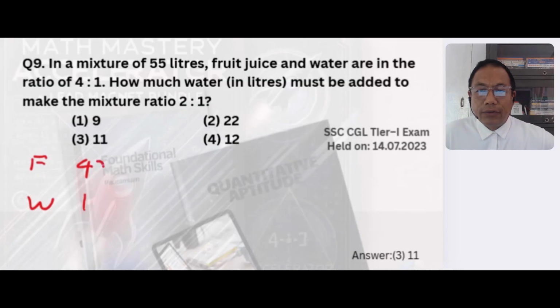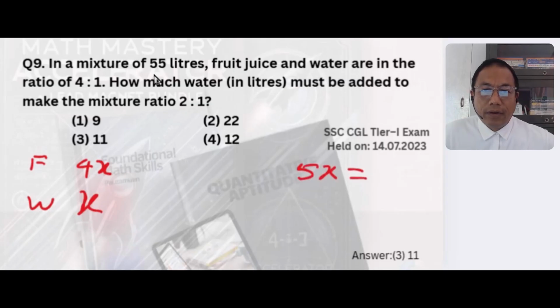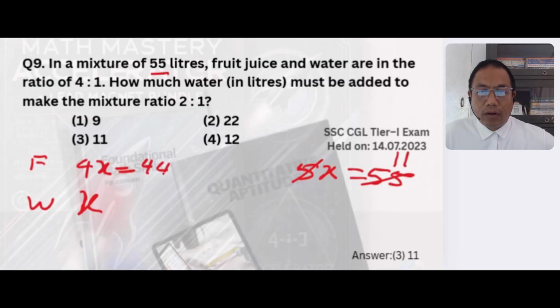I'll take fruit juice 4x. X into 1 is x. Water is x. The sum is 5x. Total is 55. So with 5, 5, 1, 1. Put the value of x. 11 into 4 is 44. X is 11.